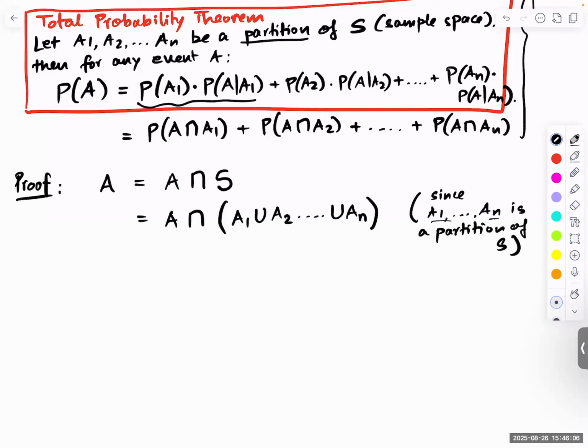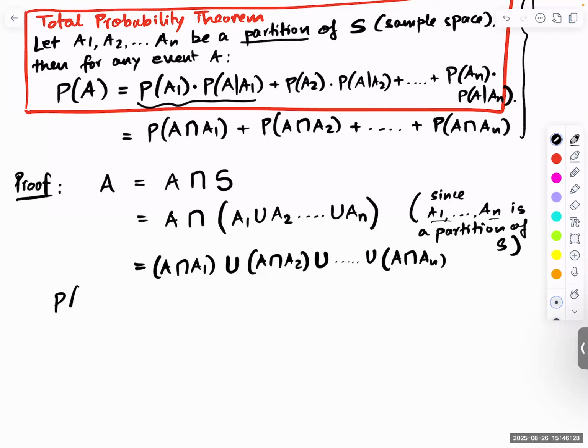Okay, that's the definition of a partition. Once we have that, we can use our properties of intersection and unions. We can write this as A intersection A1 union A intersection A2 union all the way till A intersection A sub n, right?